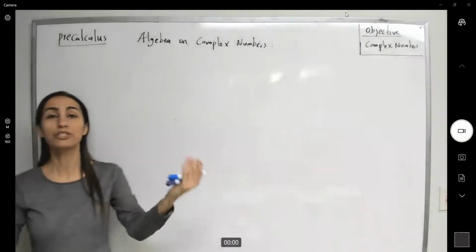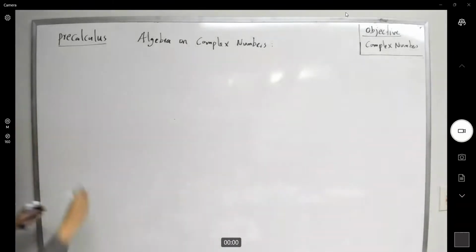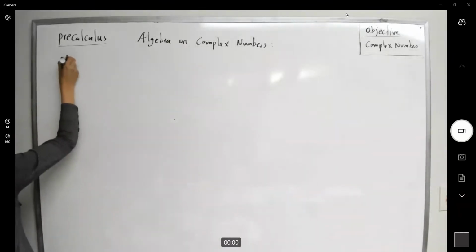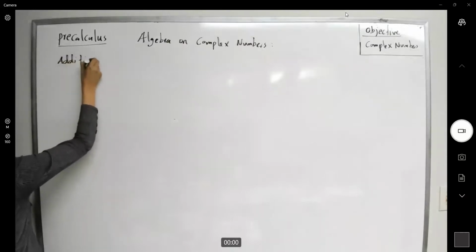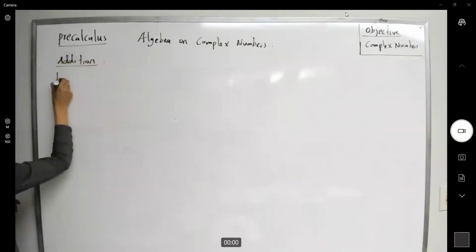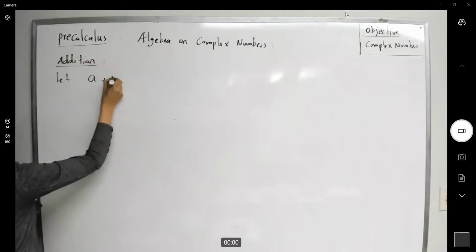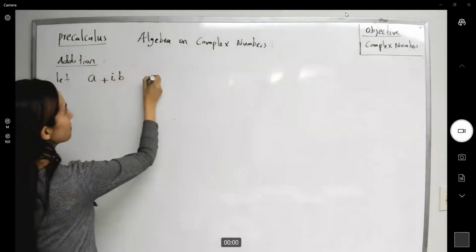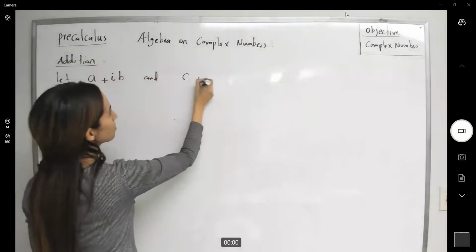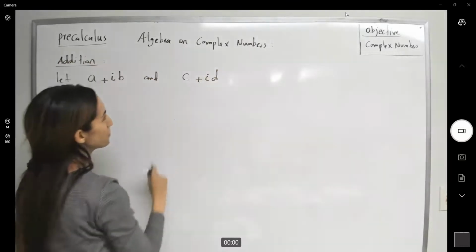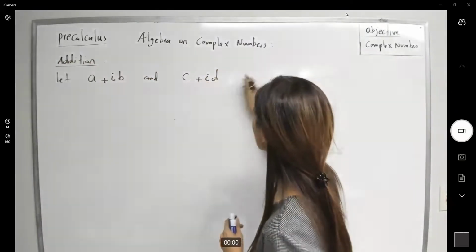First of all, we're interested in adding complex numbers. Addition. Let a plus ib and c plus id be two complex numbers.